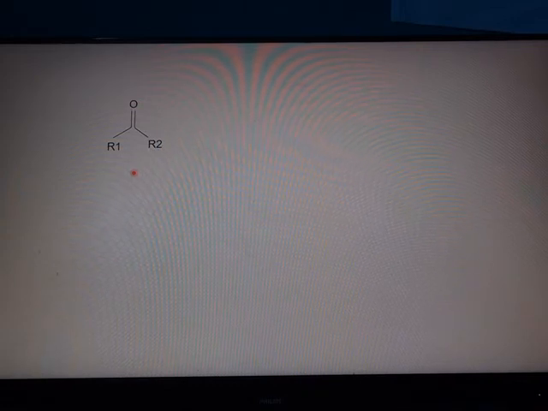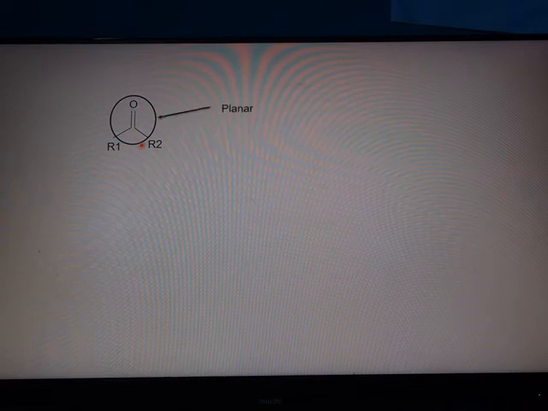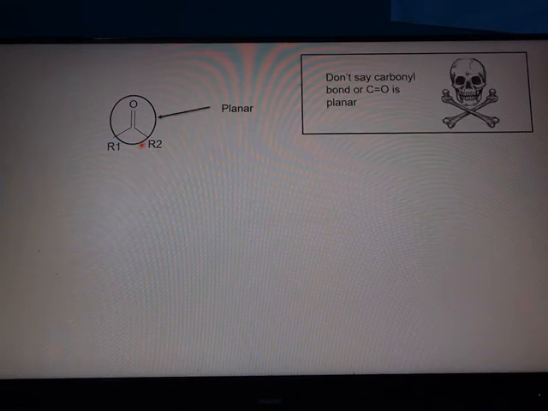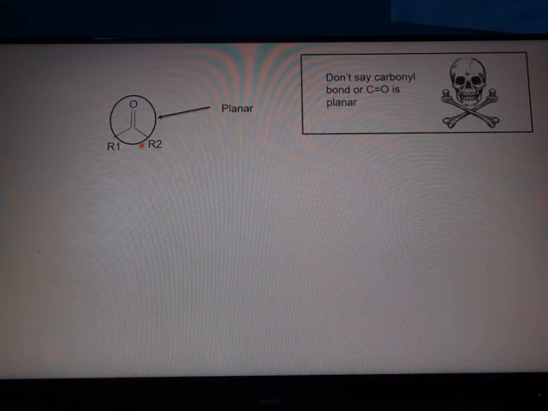So in your explanation, you need to say that this is planar. Don't say the carbonyl bond or C double bond O is planar, because that makes no sense. If you know a little bit about maths, 2 points are always in the same plane.